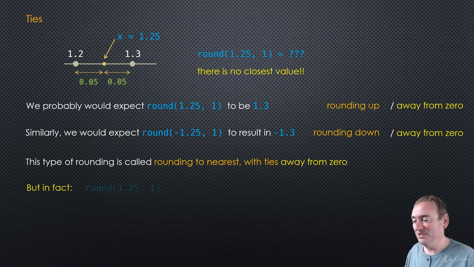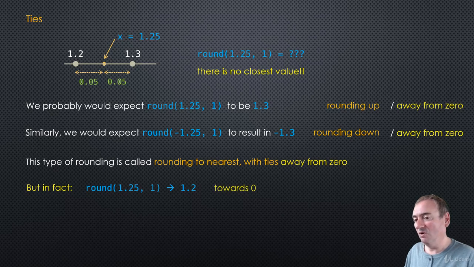However, here's what happens if you write this in Python. Round 1.25, 1. And Python is not the only language that does that. Many others do it as well. If we round 1.25 to 1 decimal point, n equals 1, we don't get 1.3 back. We get 1.2 back. It's like, oh, so it's rounding down, right?